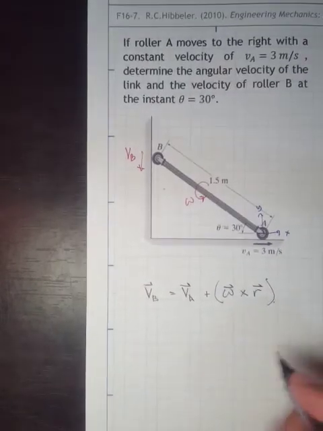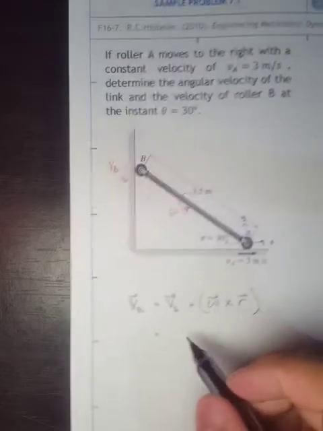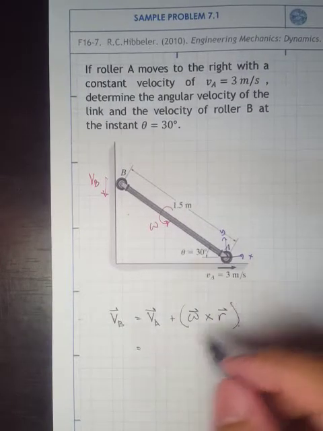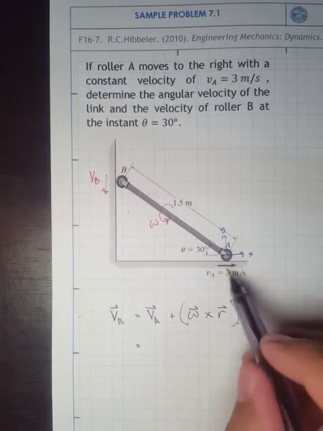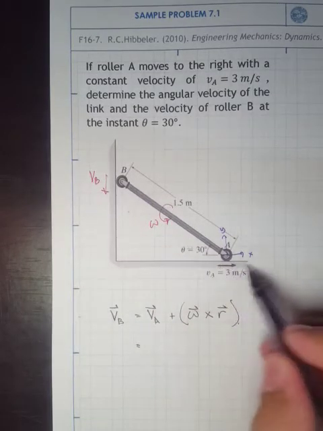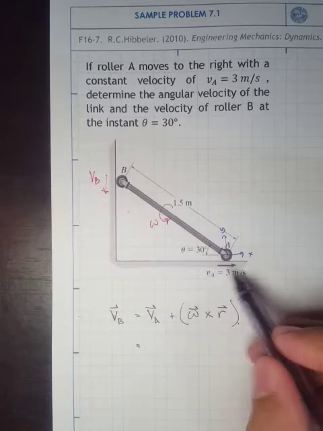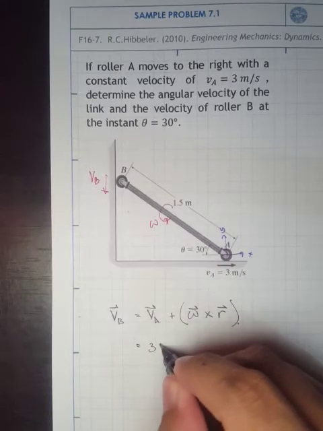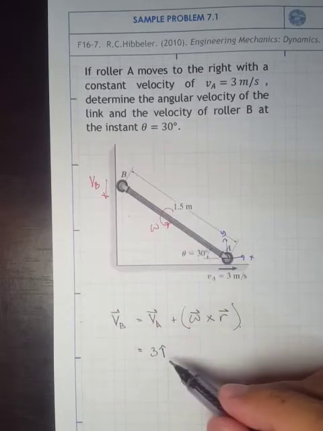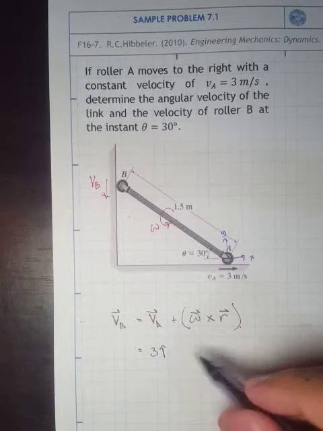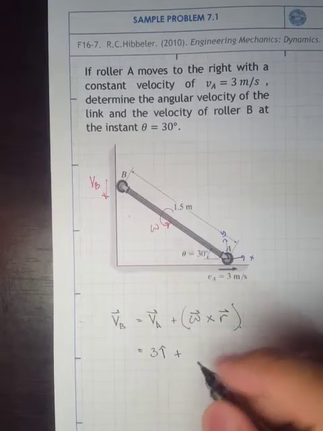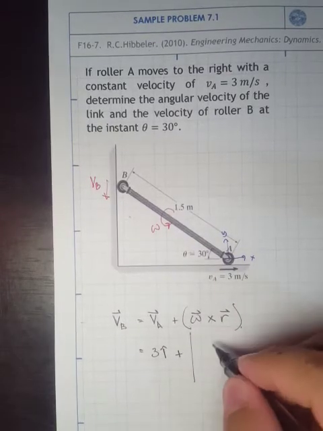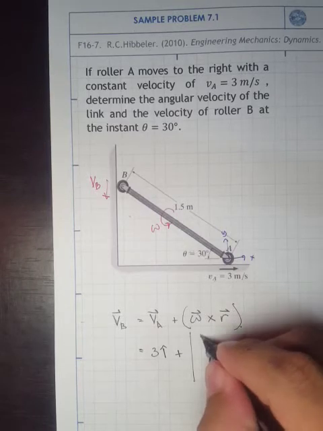Alright, now let's substitute the values. We have the velocity of A, which is equal to 3 meters per second. Notice that this direction is along the x direction, so we only have 3i. We're doing a vector notation here, and for this cross product we get a matrix.